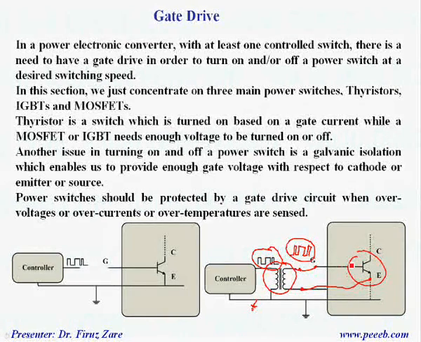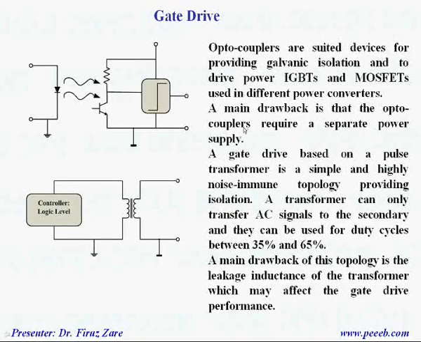So in this case it's possible to have galvanic isolation, and it's possible to turn on and off different power switches which are connected in different ways, which have different emitter voltages and different gate voltages. In this case we can see that the emitter is not connected to the ground, and we are able to turn the switches on and off. To have galvanic isolation there are different configurations.